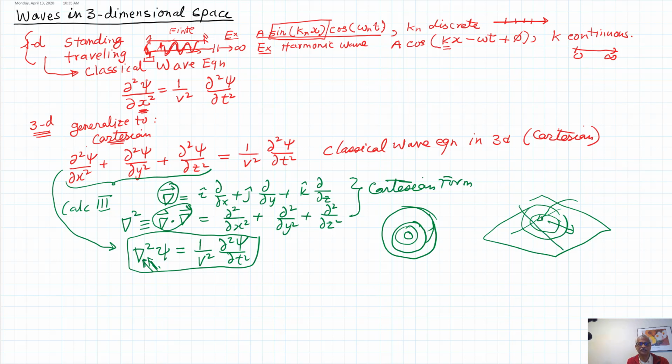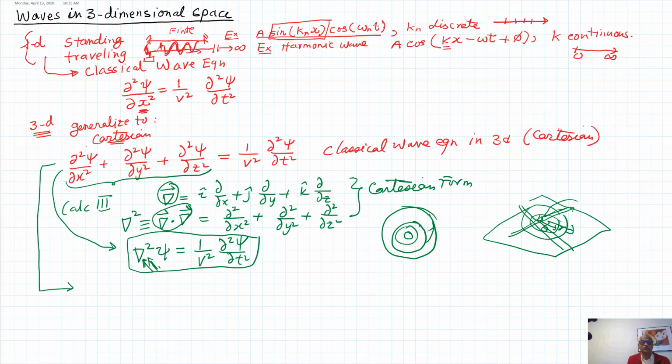So you will write this del squared in 2 dimensions, and it's going to use polar coordinates, r and theta. So the basic idea is the same, and we're not going to do it. So we'll go back to this, and we'll say we want to do Cartesian.